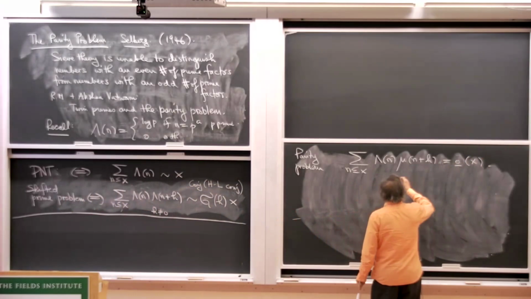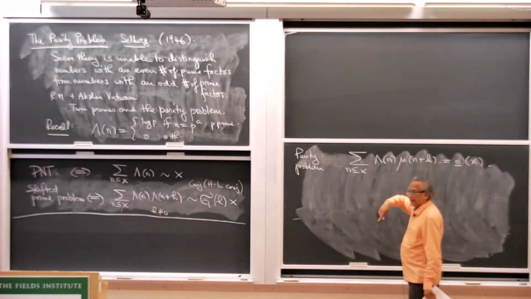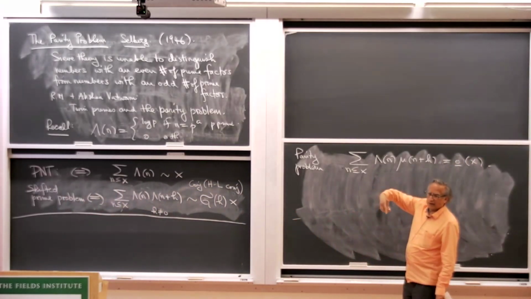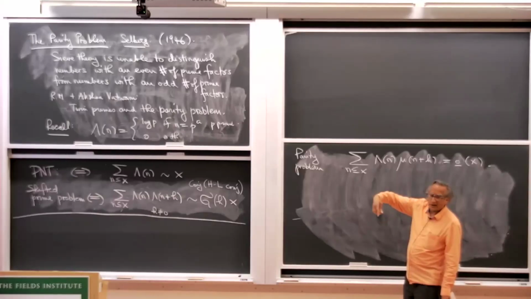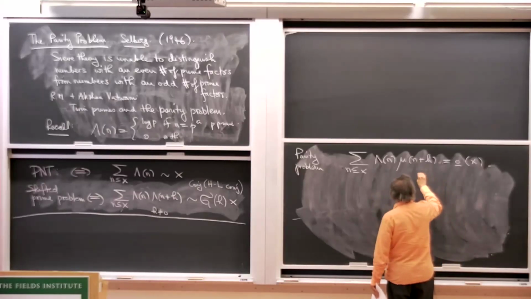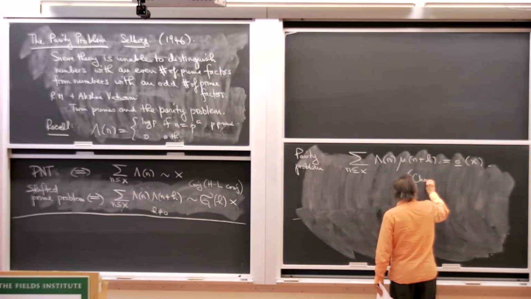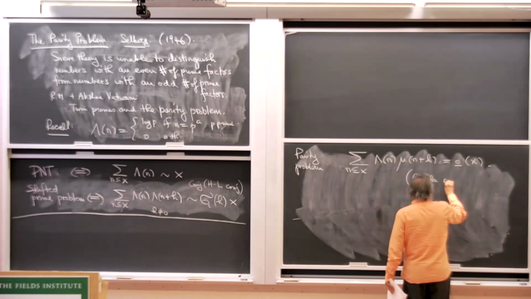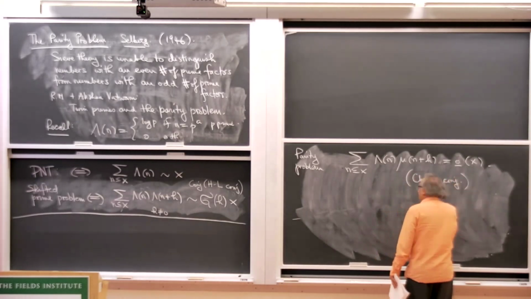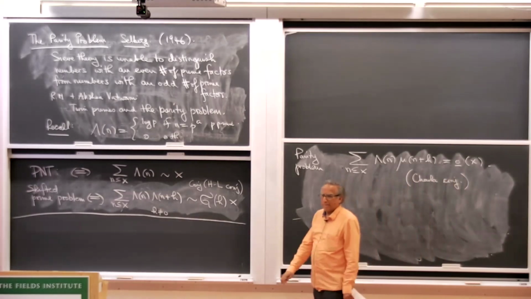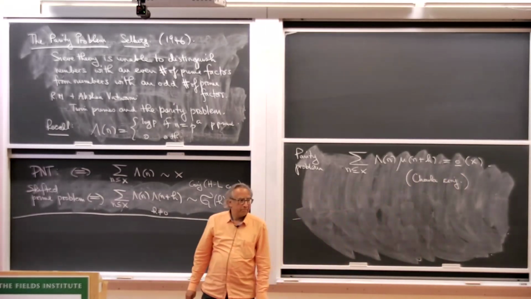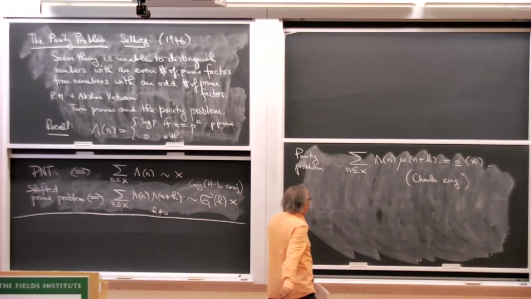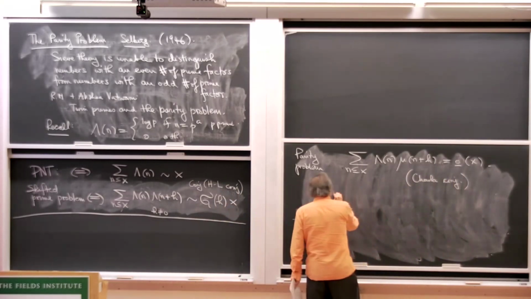In some sense, this conjecture is very reminiscent of another conjecture attributed usually to Chowla. So it's a Chowla style conjecture, or at least we say Chowla's conjecture suggests this, where mu is the Mobius function.